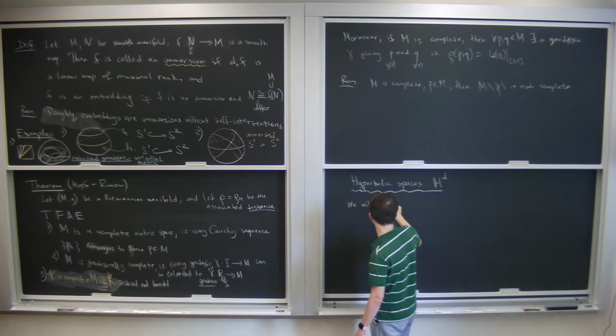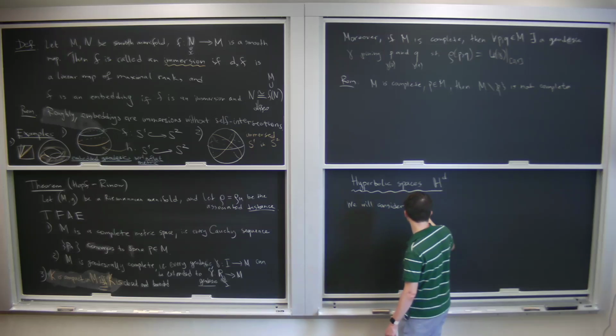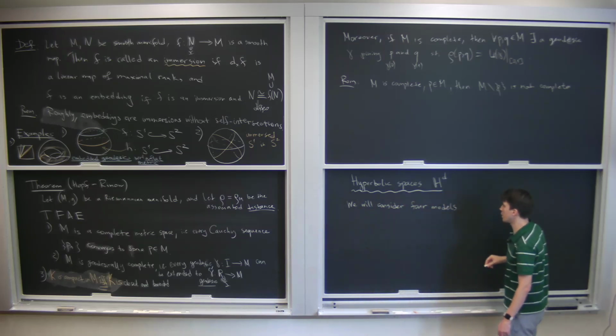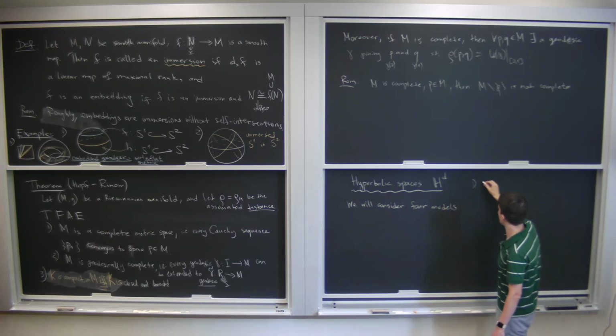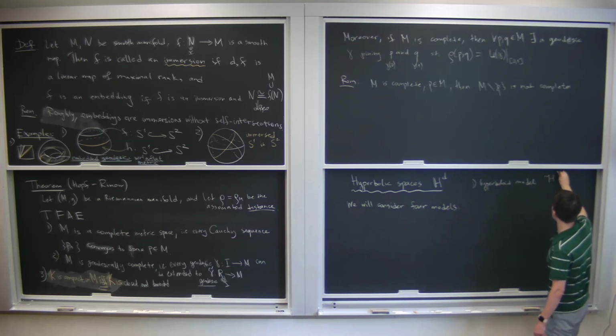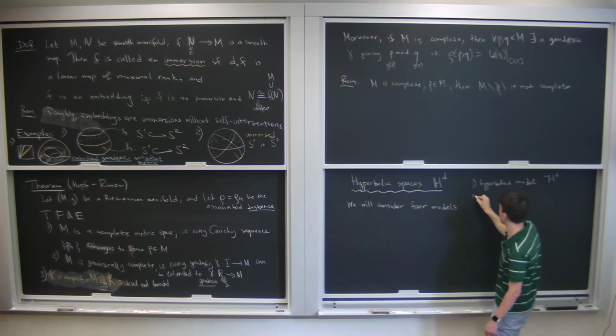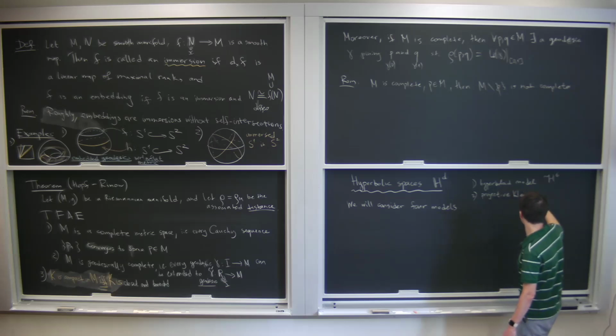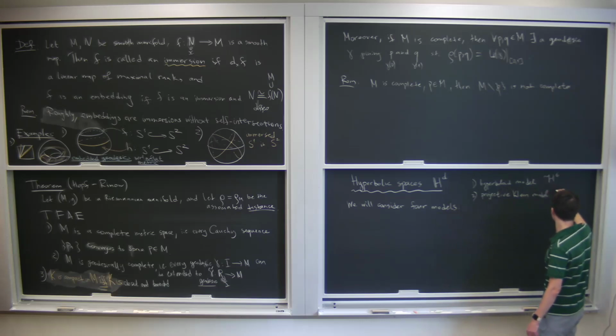We will consider four models. And those four are these. Okay, hyperboloid model, which I will denote as HD this way. Then projective Klein model, KD.